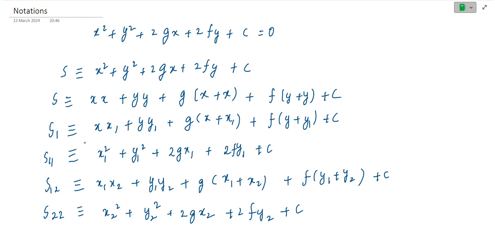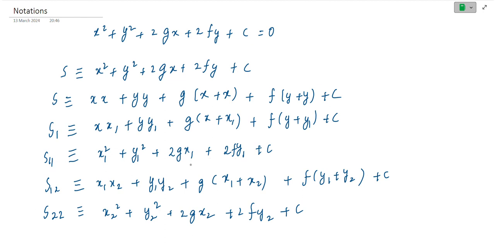One more thing I would like to mention is that these notations may vary from textbook to textbook. Some authors mention the S1 expression as T, and then mention the S11 expression as S1 in some textbooks. So don't get confused.